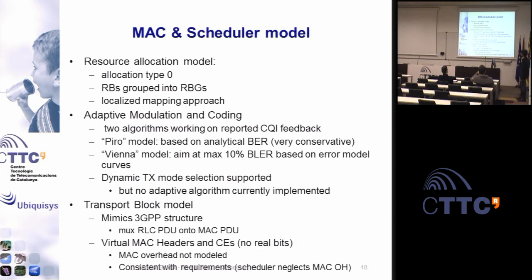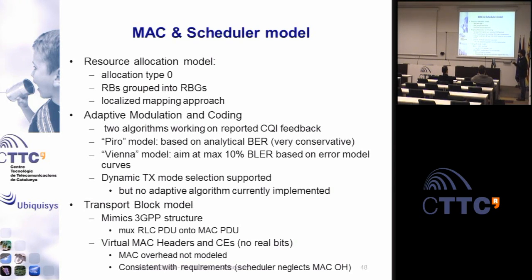We also provide two different algorithms for adaptive modulation and coding, which are currently used by all the scheduler implementations provided within the simulator, even though in principle one could of course implement customized adaptive modulation and coding algorithms. One of these algorithms works on an analytical model based on a target bit error rate, but since it's just based on an analytical formula, it turns out not to be very accurate.